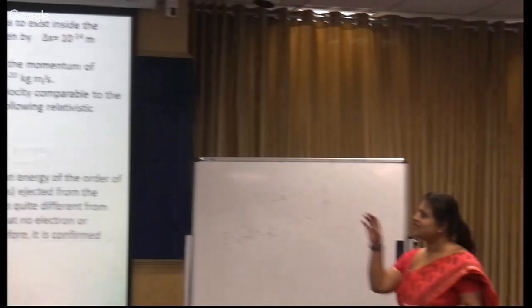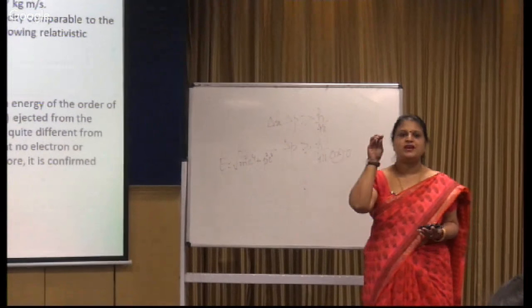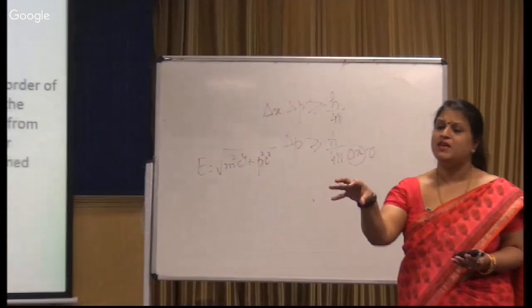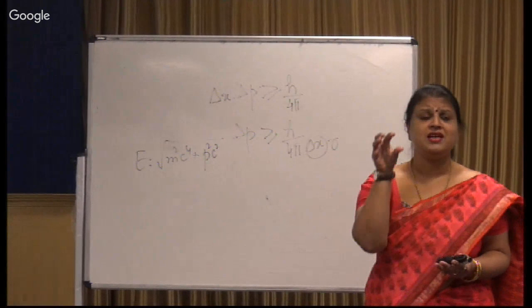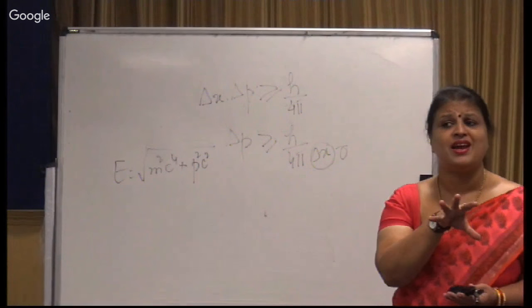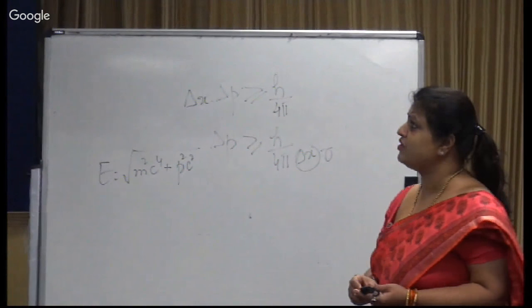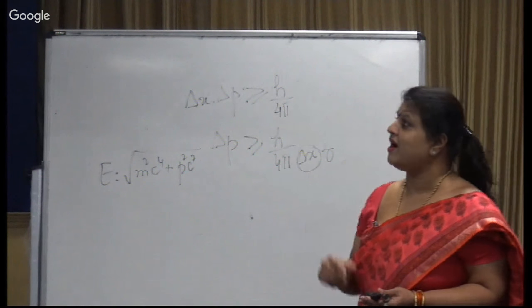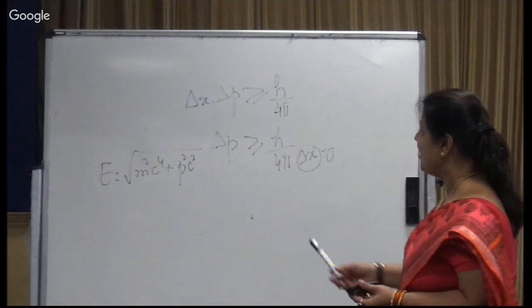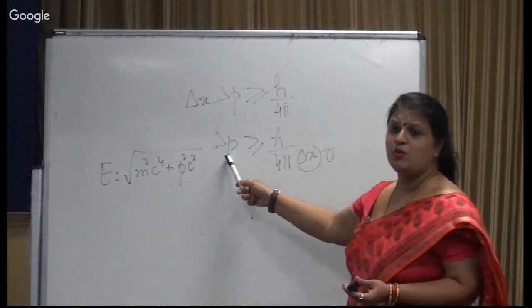So if an electron has to exist in the nucleus, the maximum uncertainty in position which the electron can have should be of the order of 10 to the power minus 14 meter only.